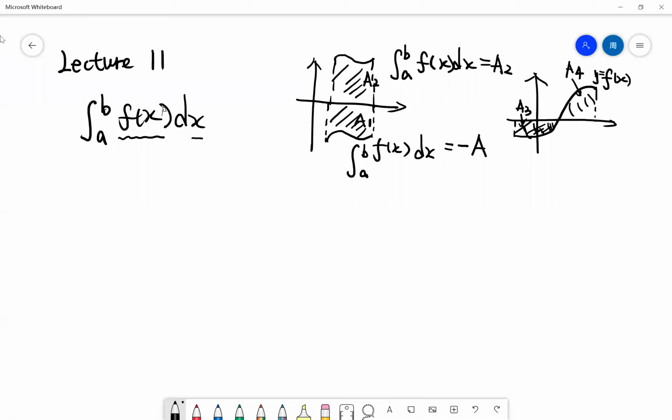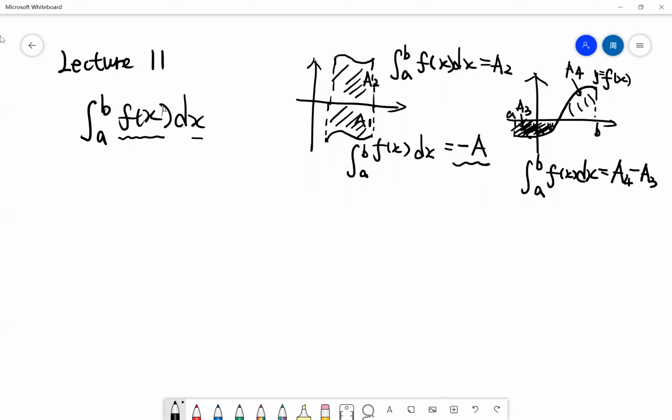So here are a and b. Then the integral from a to b of f(x) dx means A4 minus A3, right? Because this part is the opposite value of the area, right? So this is the geometric meaning of the definite integral.